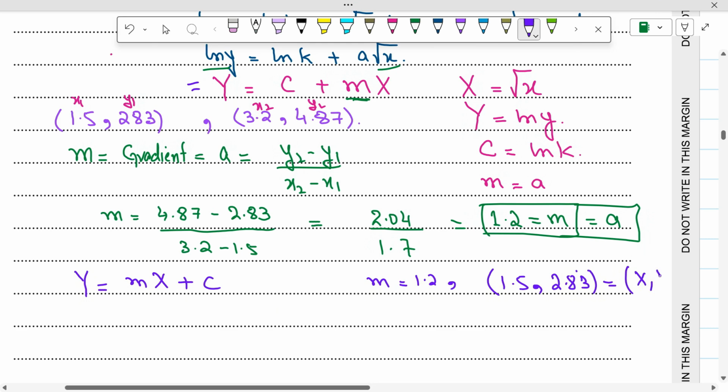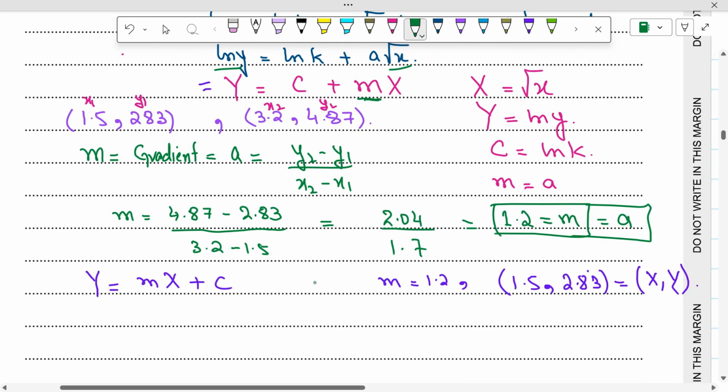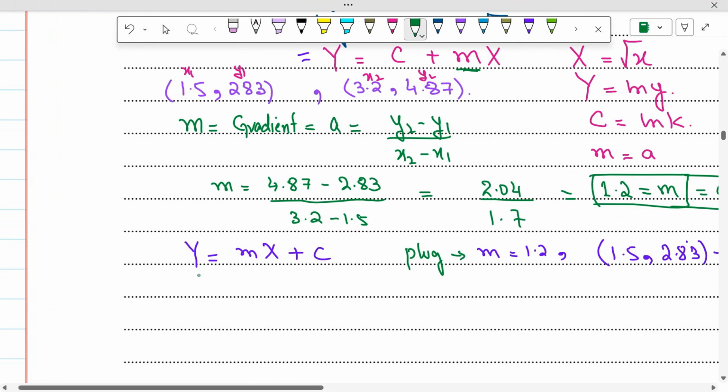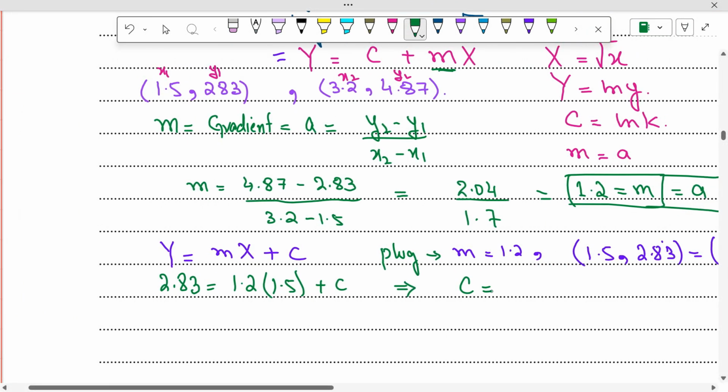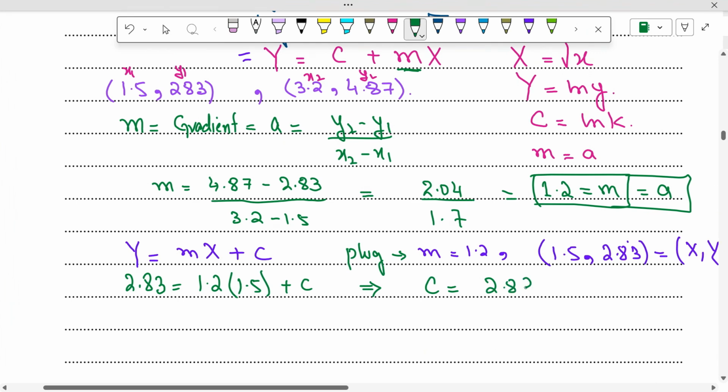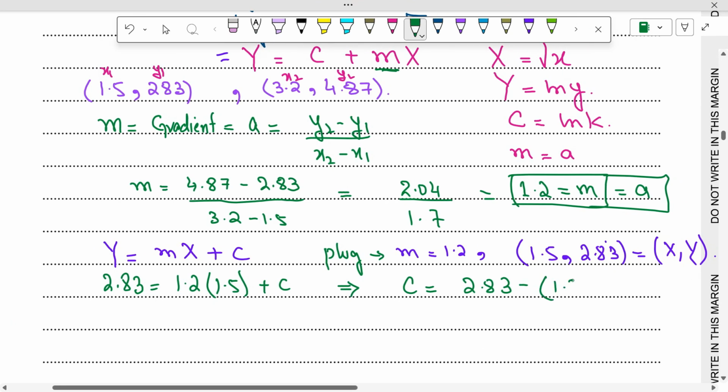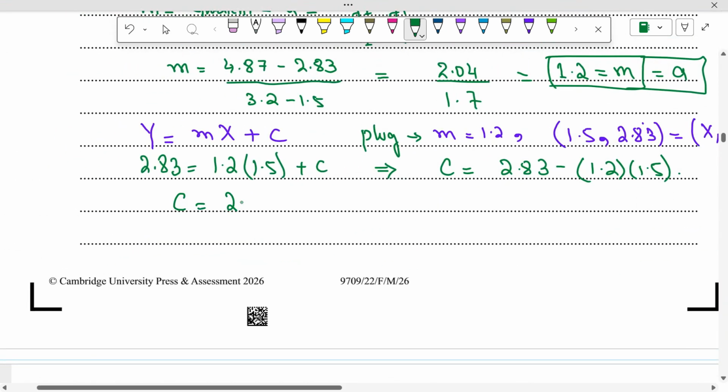So plugging these values in, we will have 2.83 equals the slope 1.2 times 1.5 plus c. So c equals 2.83 minus 1.2 times 1.5, so c equals 2.83 minus 1.8, which equals 1.03.